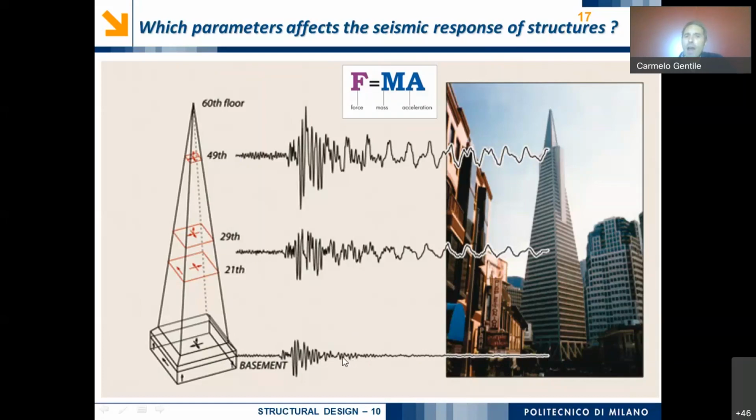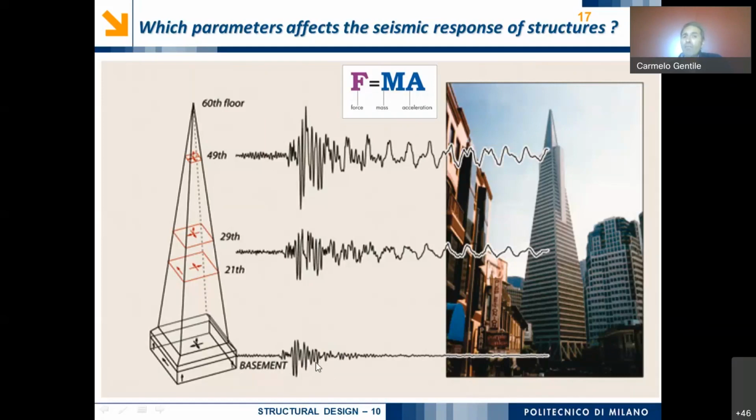And if we do this for the Transamerica skyscraper in San Francisco, we discover that the acceleration is increasing with the distance from the basement, okay?